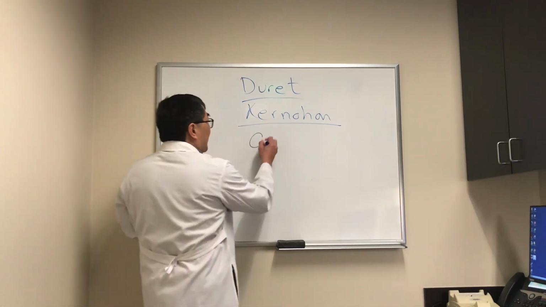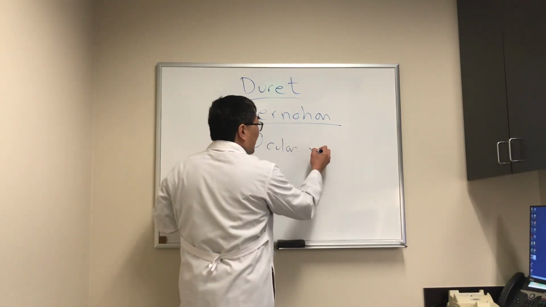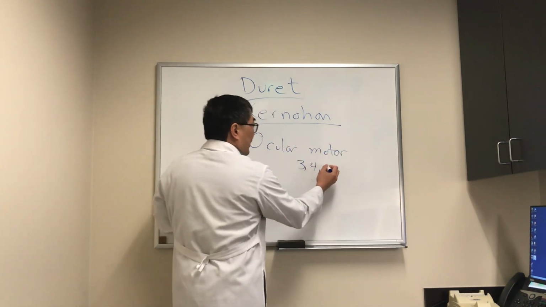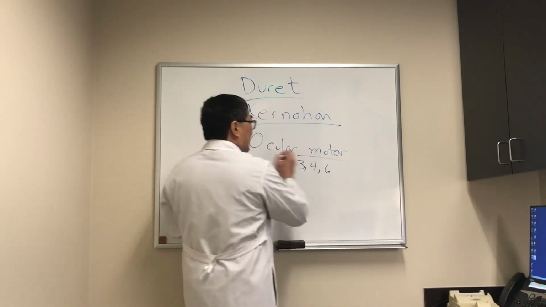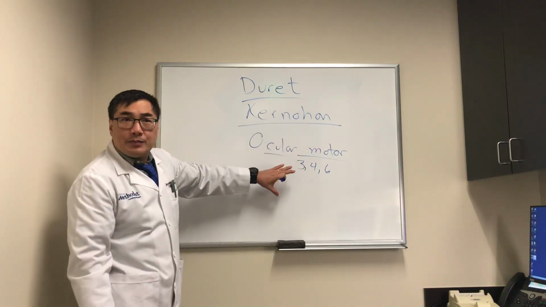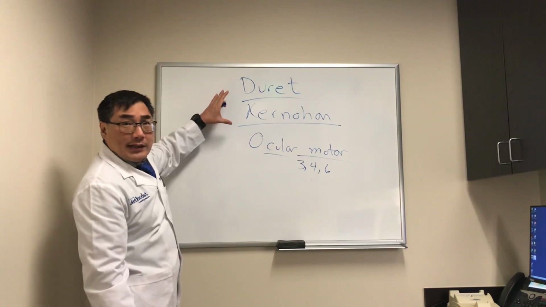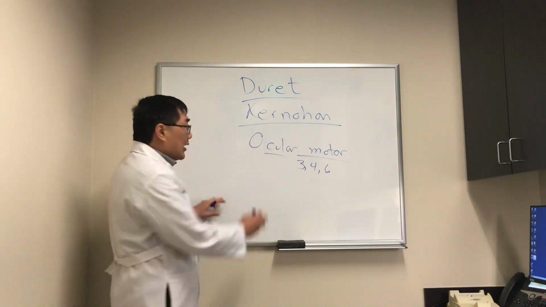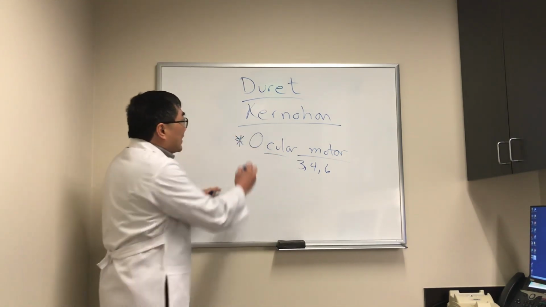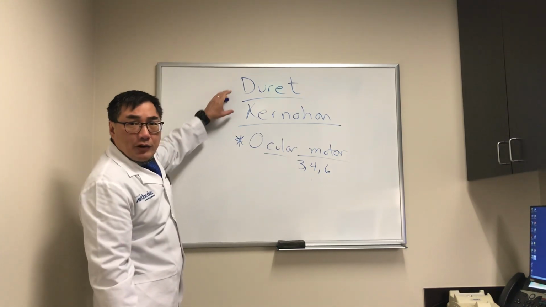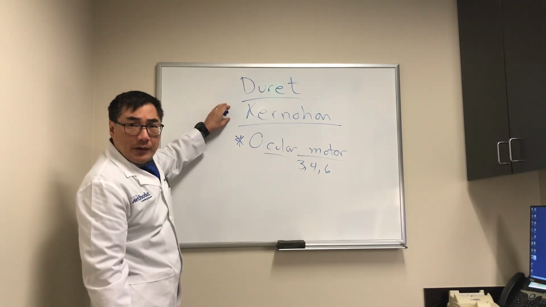So when we have ocular motor findings, cranial nerves 3, 4, and 6, normally that implies that there's a brainstem problem. However, there are localizing and non-localizing, as well as false localizing ocular motor signs, and the prototypes for learning about these things are the Duret hemorrhage and the Kernahan's notch phenomenon.